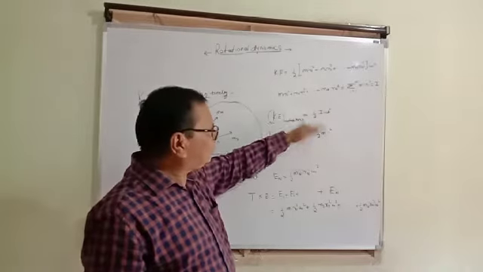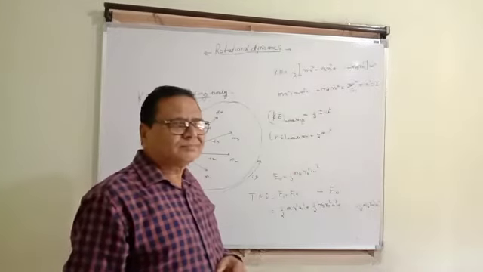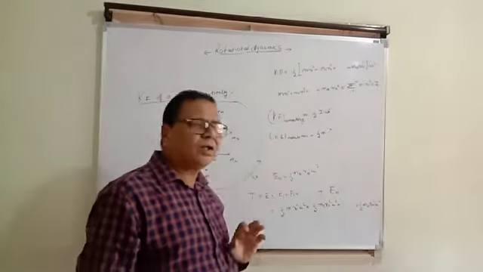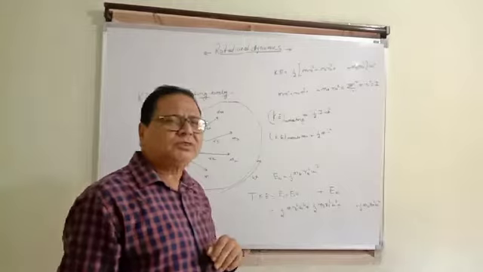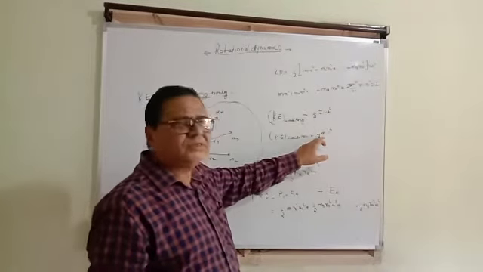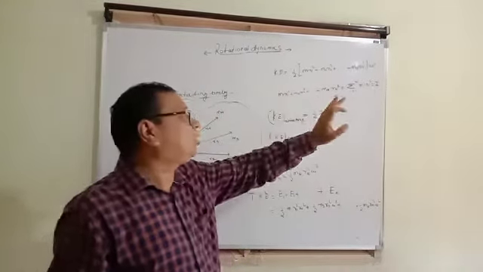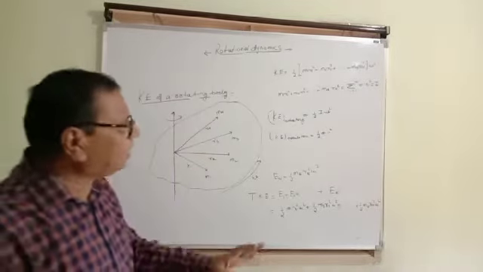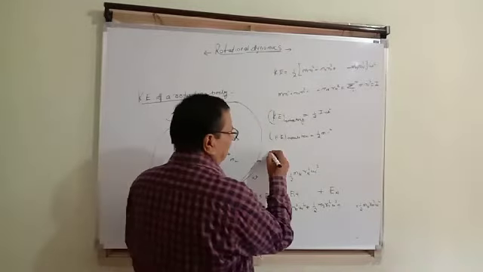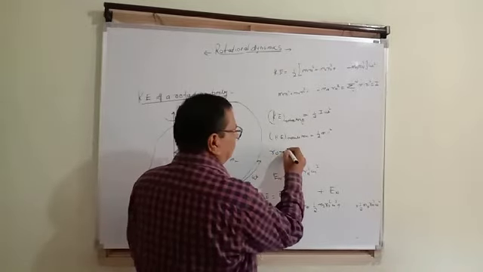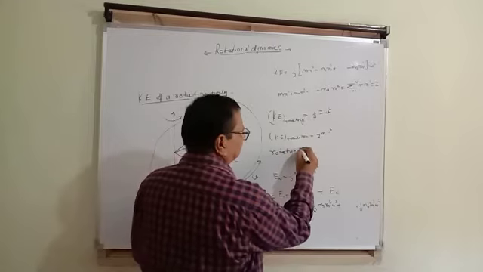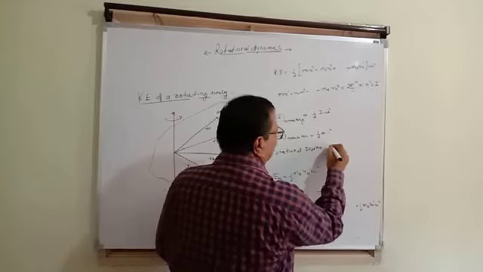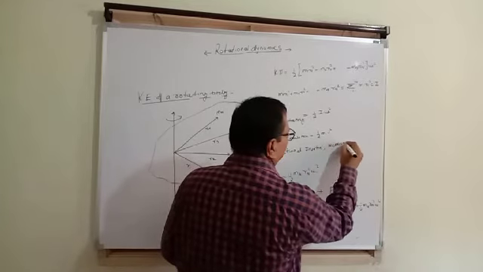If you compare these two equations, as v is analogous to omega, that is angular velocity, then the mass m is analogous to I, that is called moment of inertia. So I is called rotational inertia, or it is called moment of inertia.